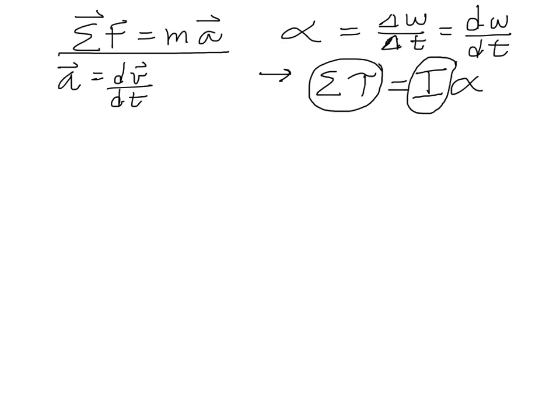And what is the rotational mass that gives an object rotational inertia, that keeps it spinning, or that resists any change in its angular velocity? It resists being accelerated.